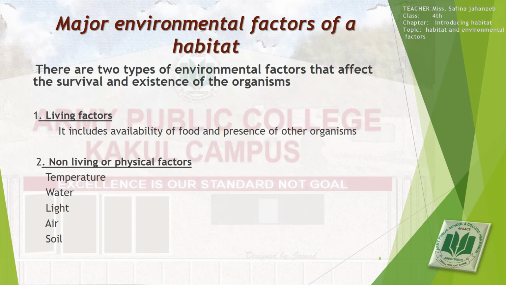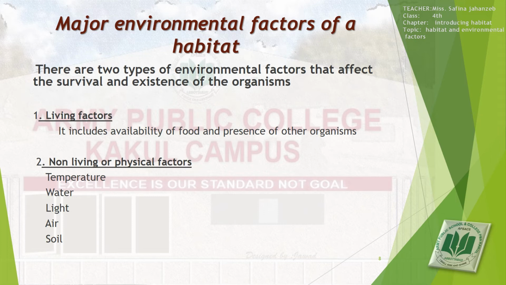The first is living factors, and the second is non-living or physical factors. Living factors include availability of food and presence of other organisms. As we know, plants make their food by themselves, but animals have to find it. Many animals depend on plants for their food.